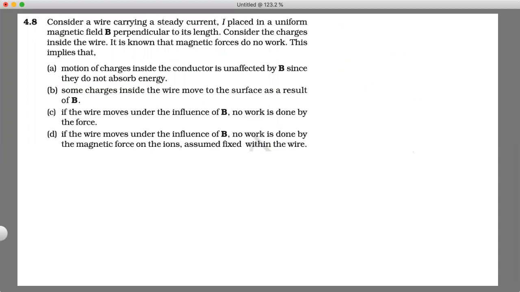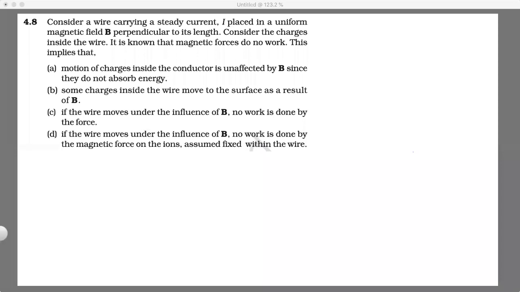Let's do this one. Consider a wire carrying a steady current I placed in a uniform magnetic field B perpendicular to its length.